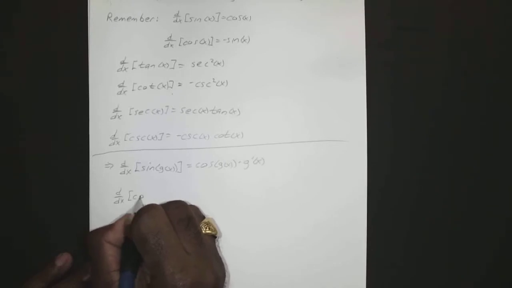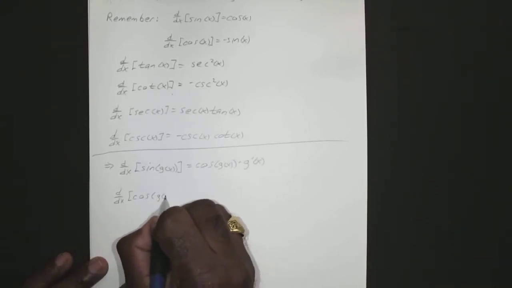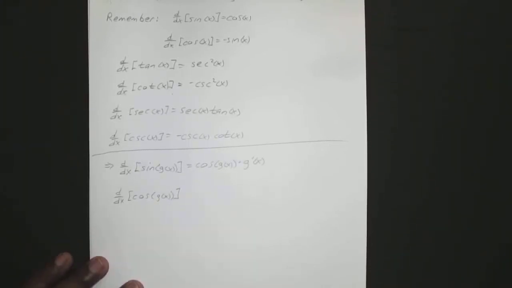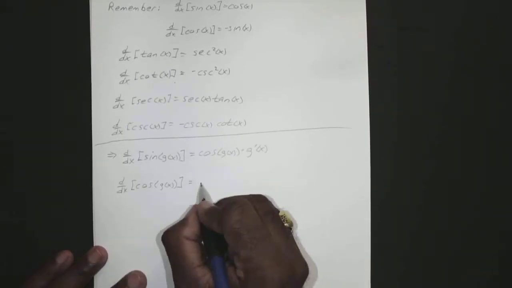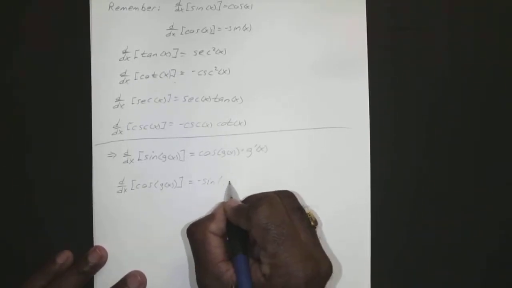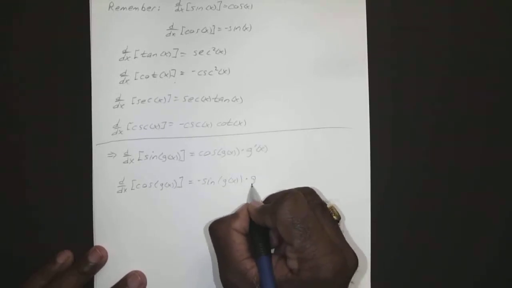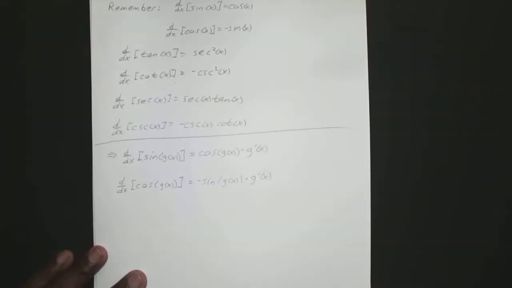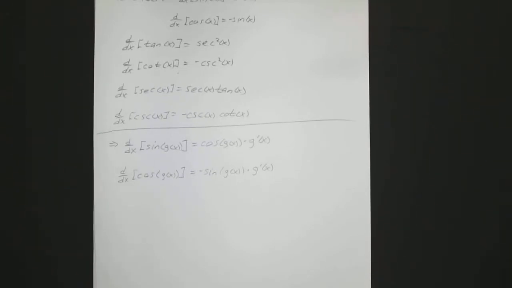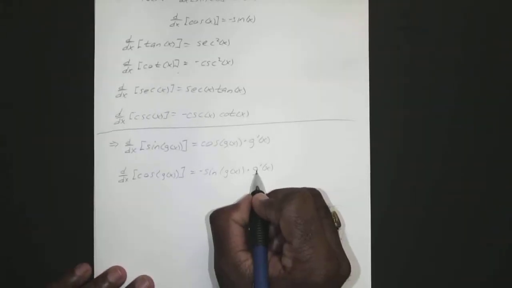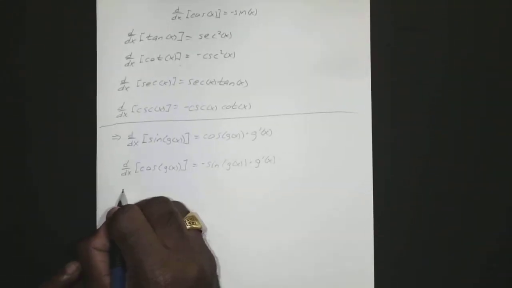So the derivative of cosine of some g of x is going to equal negative sine of g of x times whatever that g prime of x is. Okay.